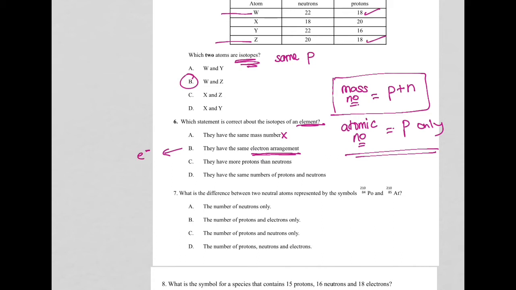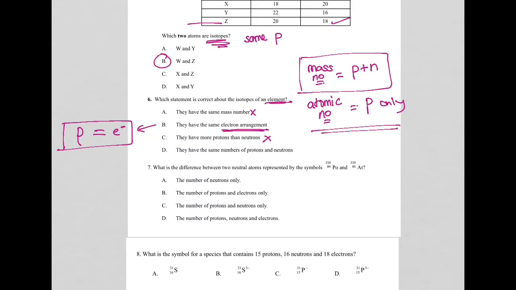So if we're talking about number of electrons for an atom, means we're also talking about number of protons. So if they have the same electronic arrangement, means they have the same number of electrons, means they have the same number of protons. So this one looks good. Let's check the other options. They have more protons than neutrons. Not necessarily true. And they have same number of protons and neutrons, not necessarily true. So answer is B.